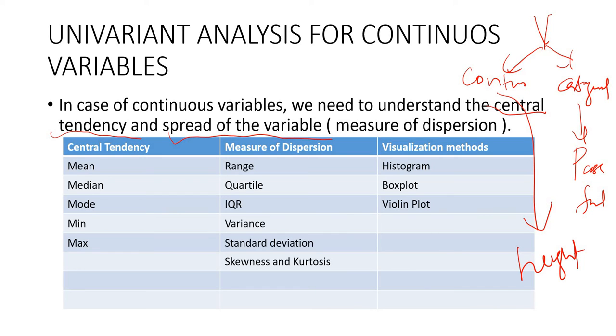Dispersion means how much it is scattered, how much it is spread across. How much the data is spread across, that is the spread of the variable, that is the measure of dispersion. And the central tendency is given by the statistical quantities like mean, median, mode, min, and max.